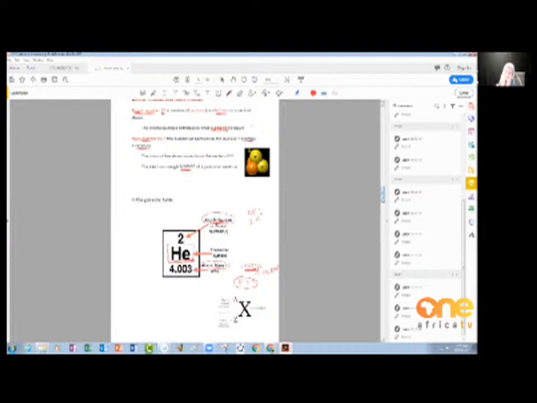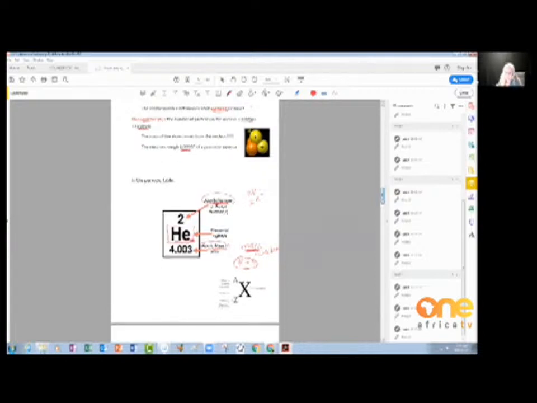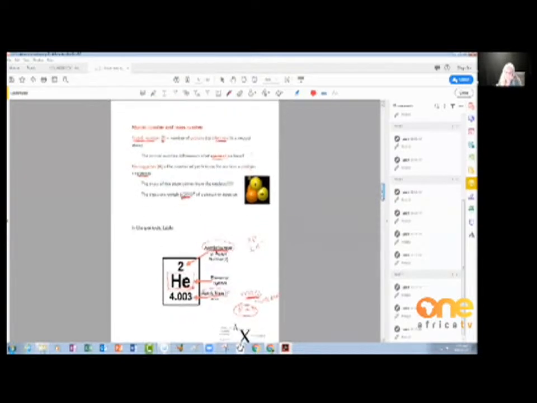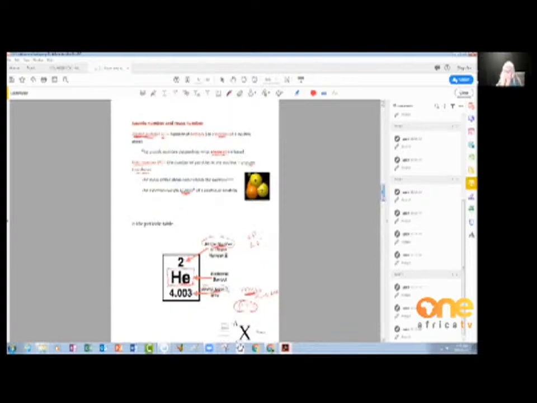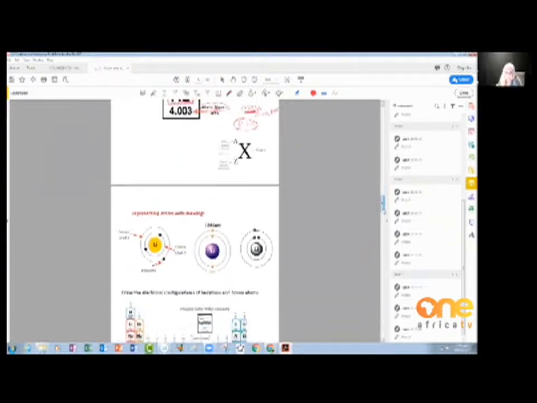But take it easy. At the beginning, if you memorize the first 10, that would be great. Okay, so these are the important numbers that we meet in the periodic table that are characteristic of the atoms of each element.